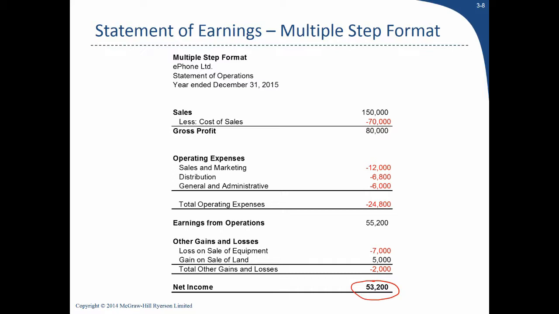Our gross profit, you'll see this word thrown around a lot, gross profit is the profit we make from selling our good or service. The cost of sale is the cost directly related to that good or service. You can't sell the t-shirt without buying the t-shirt in the first place. Okay? There's other operating expenses that aren't directly attributable to the sale of that t-shirt, but that you need to incur to earn the revenue.